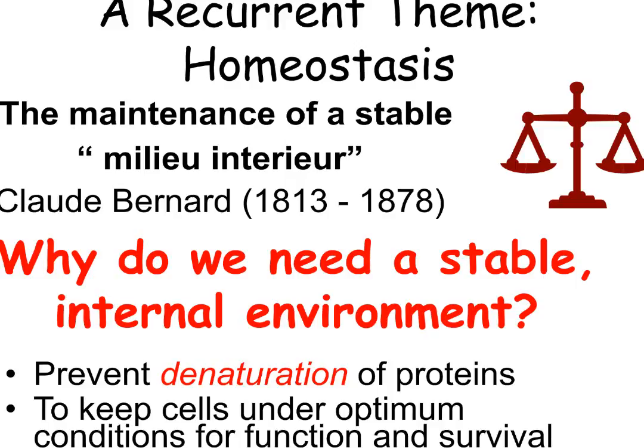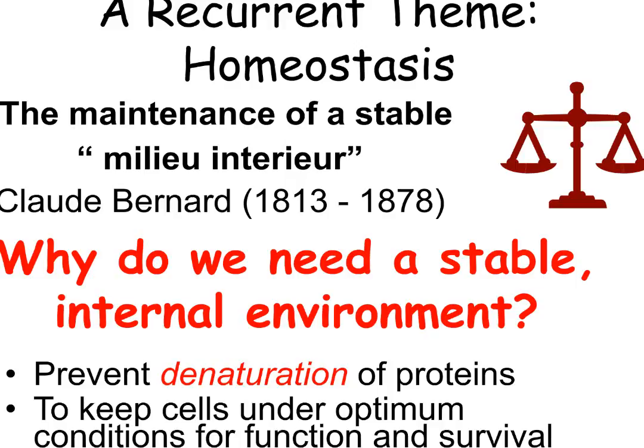He also recognized that if the pH in the plasma changed drastically, or the salt content changed drastically, or temperature changed drastically, that this could lead to the denaturation of proteins. We don't want that to happen. That's why we need a stable internal environment to prevent denaturation of proteins.